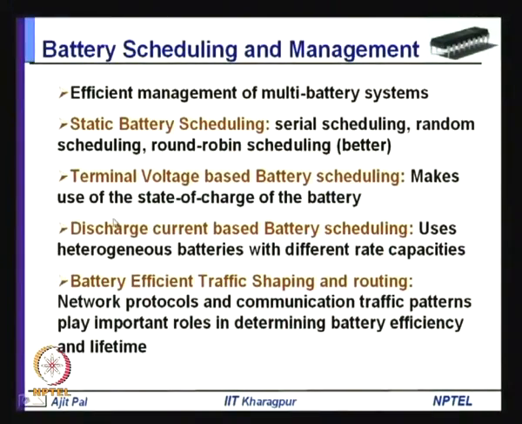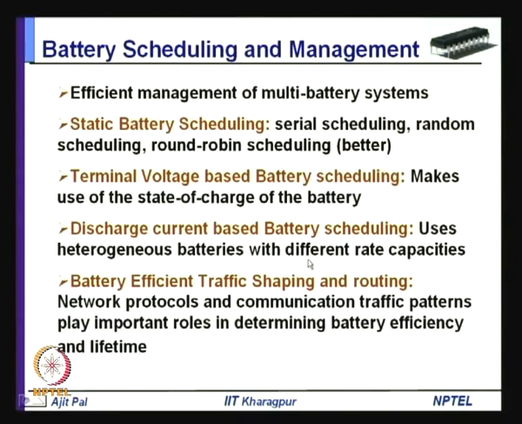Accordingly you can schedule the batteries, instead of making it round robin. The battery which has large capacity, you can use more than a battery which has less capacity. In this way you can do a more intelligent scheduling based on the state of charge of the battery. Then discharge current based battery scheduling: use heterogeneous batteries with different rate capacities.